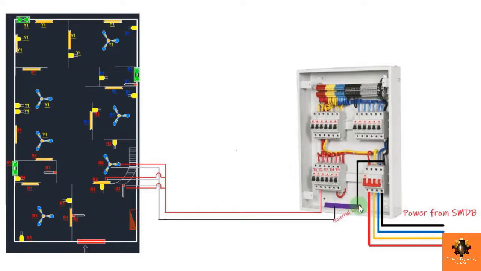Now after this, come here and you can see this fan, tube light, CFL and this switch are connected to the R2 circuit. So if you understand how a circuit can be taken from the DB, distribution board, then the rest of the picture will be very clear for you.